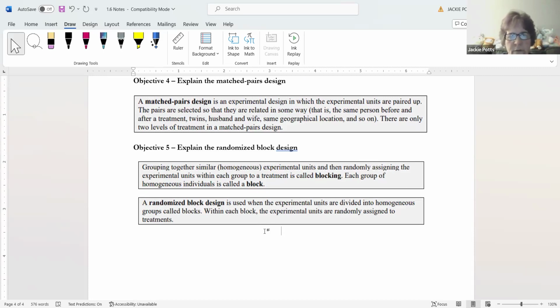other types of design. We just walked through a randomized design. Well, we also do something called matched pair. Matched pair design is we pair people up.